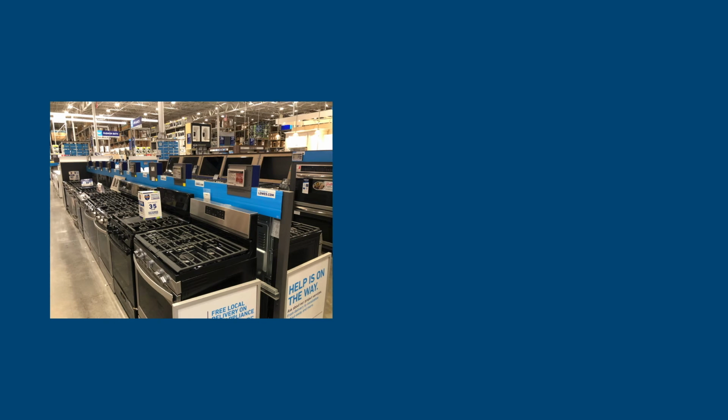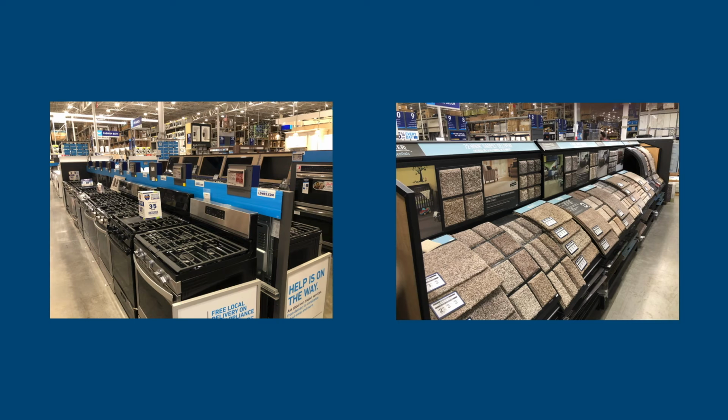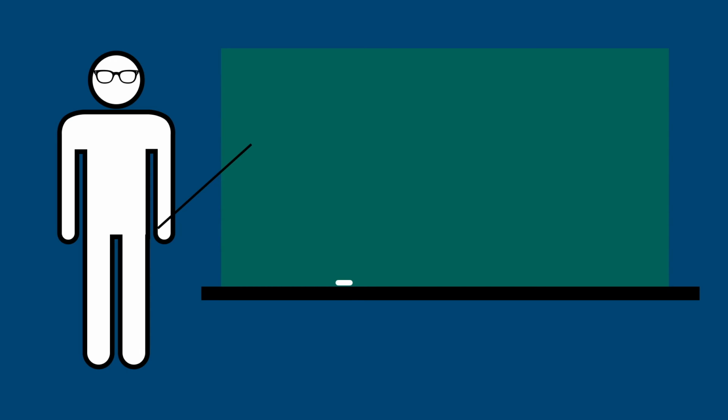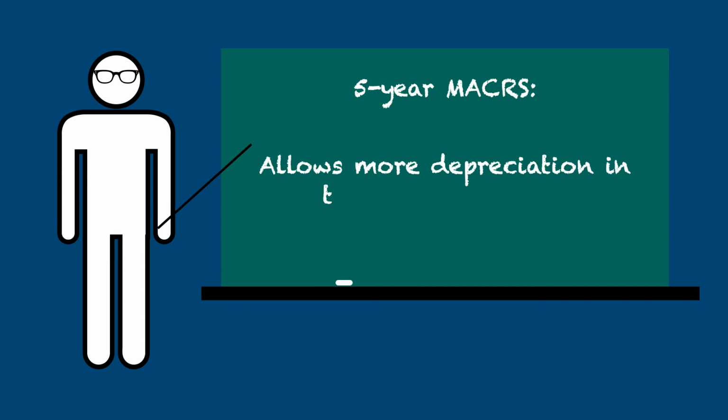Landlords often purchase other types of long-lived assets, such as appliances or carpeting. These assets are still depreciated using MACRS, but with a much shorter asset life, usually 5 years. I won't go into all the math, but 5-year MACRS allows you to take more depreciation in the first few years you own the asset and less in later years.